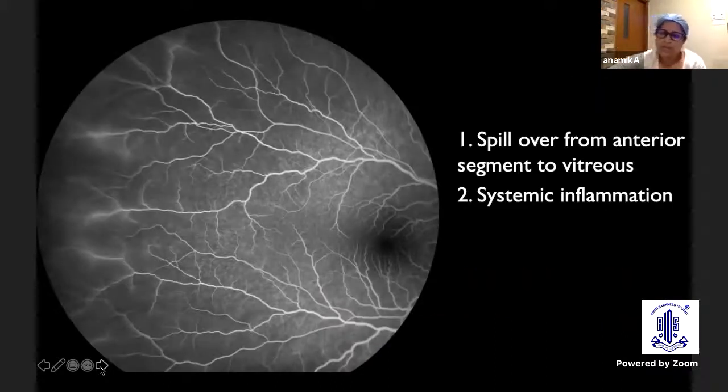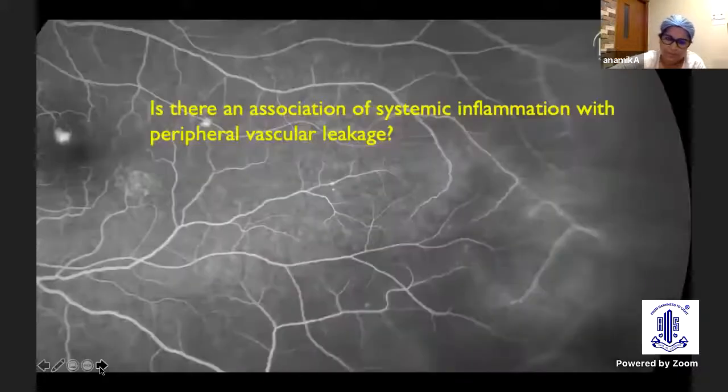The two hypotheses in the literature which I would like to quote are, first, that it could be a spillover of inflammatory mediators from the anterior segment to the vitreous. And the other would be the presence of systemic inflammation itself.